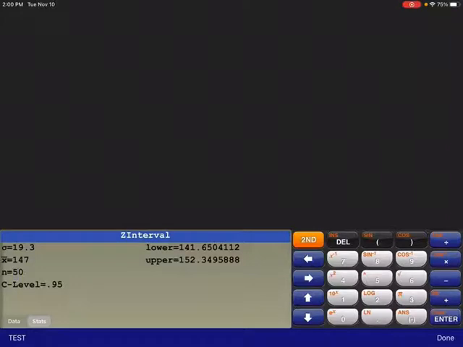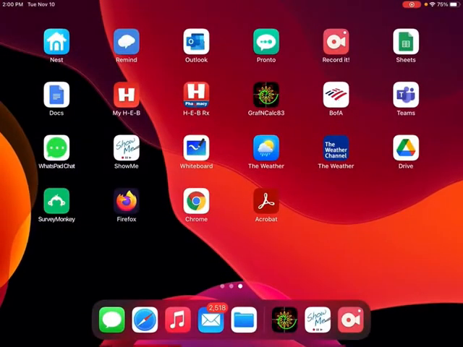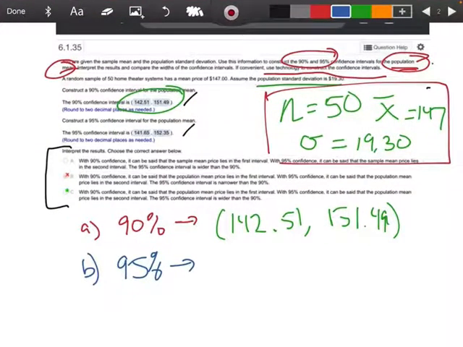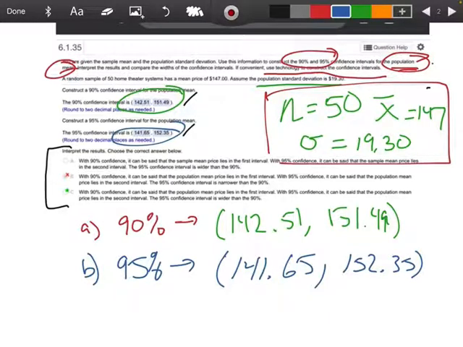So it should be $141.65 and $152.35. So let me write that here. So we came up with $141.65 and $152.35. And if you notice, that's exactly what they have there.